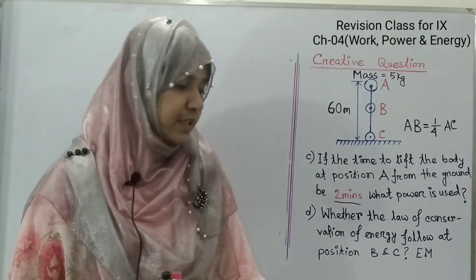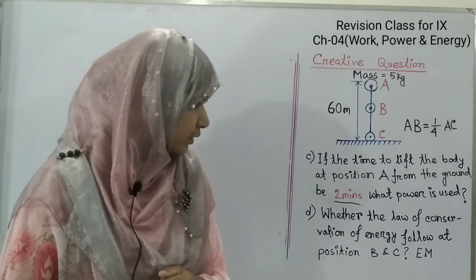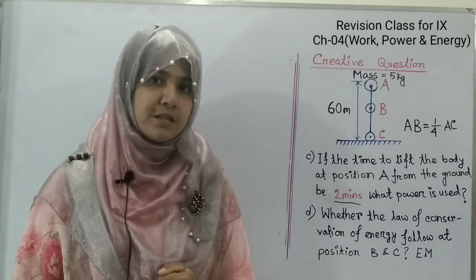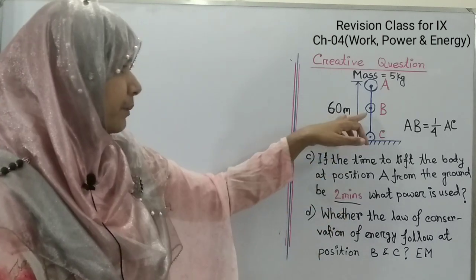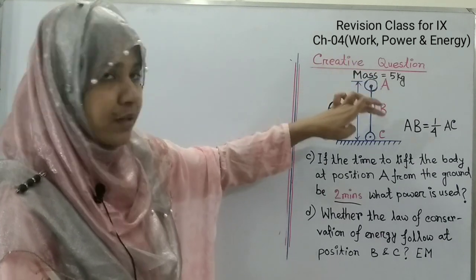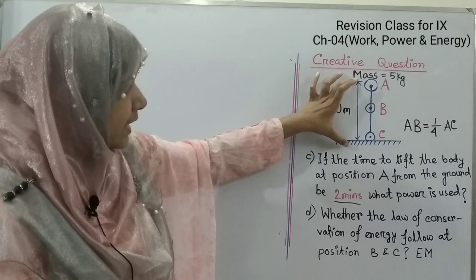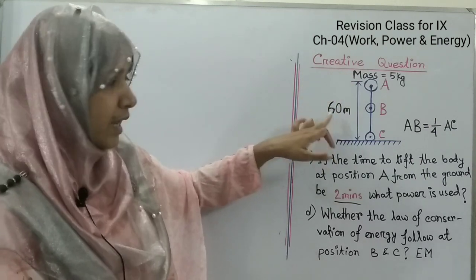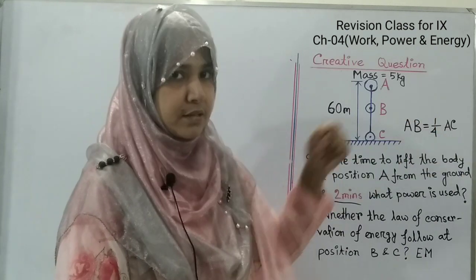Now question number D. Whether the law of conservation of energy follows at position B and C. Explain mathematically. So before calculating at point B and C, we have to identify the distance of AB and BC. Here you can see that the total distance AC is given 60 meter, and they also gave the information that AB equals 1 by 4 AC.